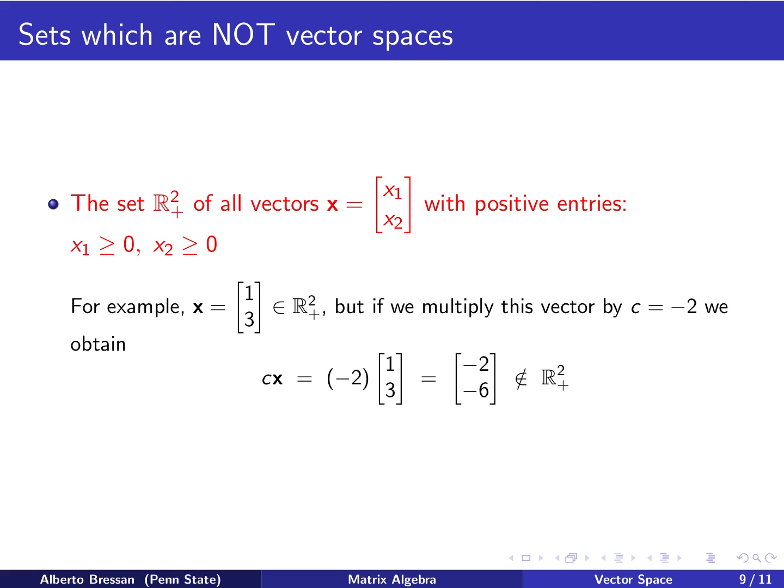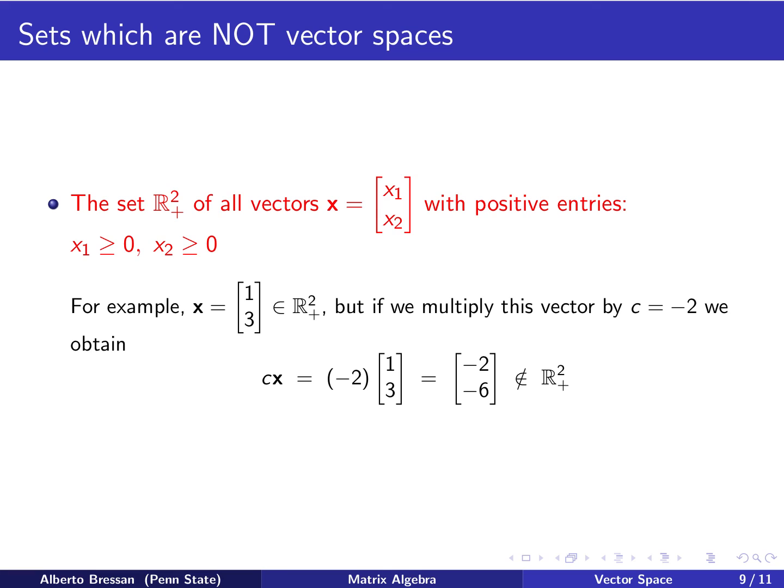Okay, one more silly example. Let's look at the set R2 plus. This is the set of all vectors in R2, meaning vectors with 2 elements, and the plus sign means all the elements are positive. That is, x1 is greater than or equal to 0 and x2 is greater than or equal to 0.